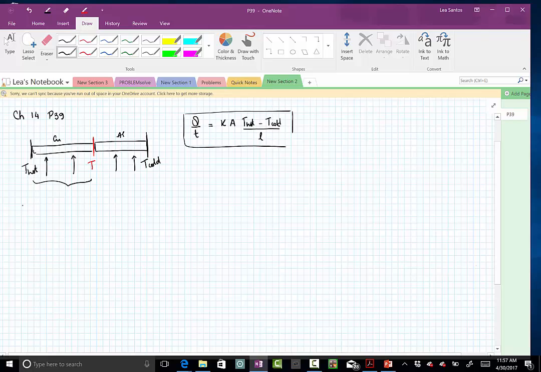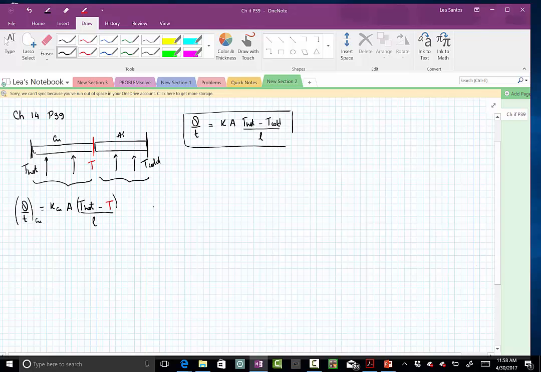The heat that flows per time at any point of the copper is given by the constant of copper, the cross-sectional area, the temperature at the hot spot minus the temperature at any point I want to pick in the copper. I'm going to pick the one right at the end of the copper rod, and this is divided by the length. Now I'm going to do the same thing for the aluminum.